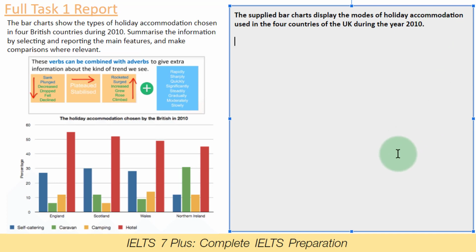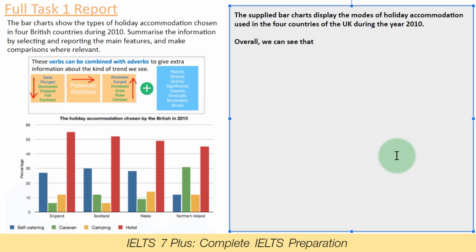Now, one thing I refuse to do is to change my overview opener. Overall, comma. I really do like using this. Overall, we can see that. I can pretty much always start my overview with this.